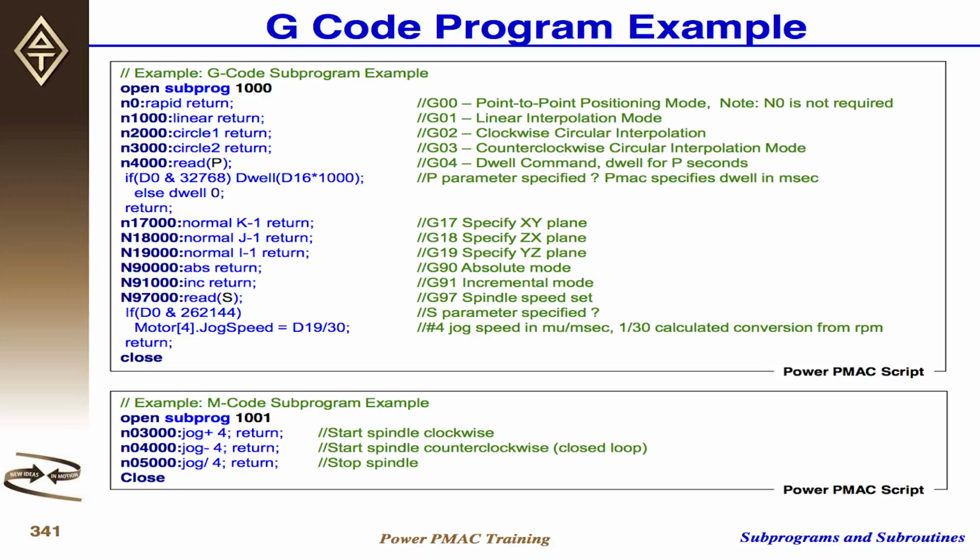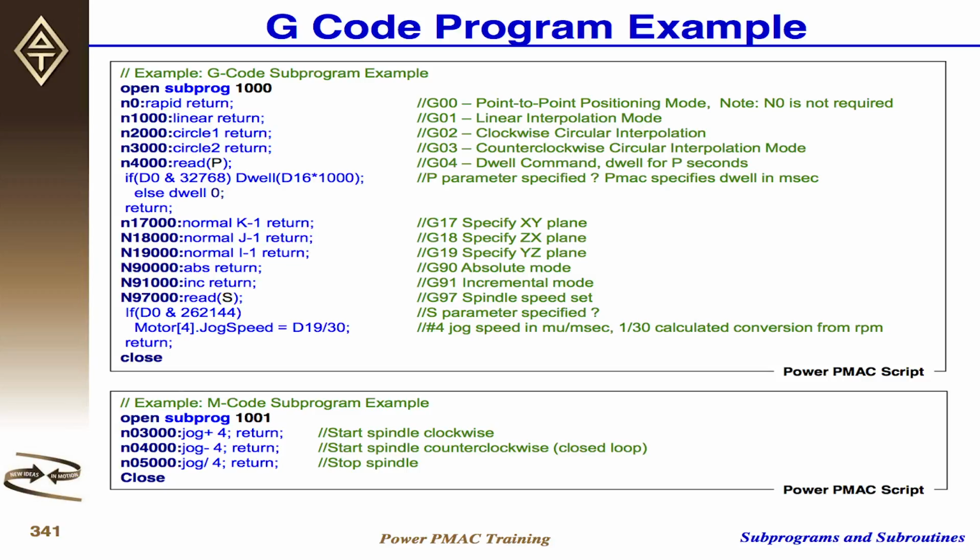Did I successfully read this P command with the D0 and 2 to the 15, bit number 16, is it on or not? So if it's on, you have successfully read it, then you can issue the dwell command in PMAC, dwell D16, which is going to be the 16th letter, so it's at the D16 register.